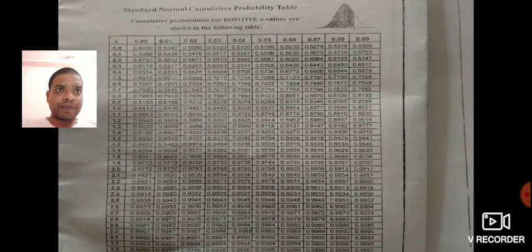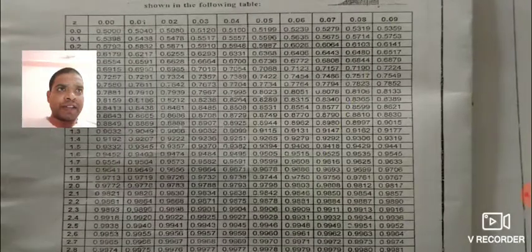Please check where it is 90% that you are getting here. It is a tie in between the 0.08 column and the 0.09 column. We are getting 0.8997 and 0.9015. Then nearer to the 90 percent is the 0.08 column.